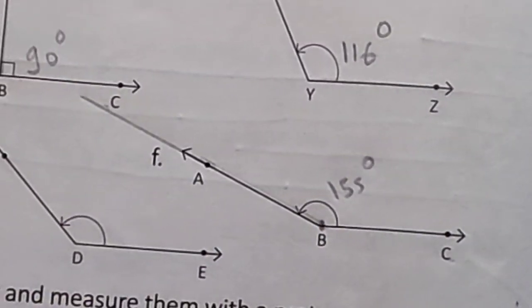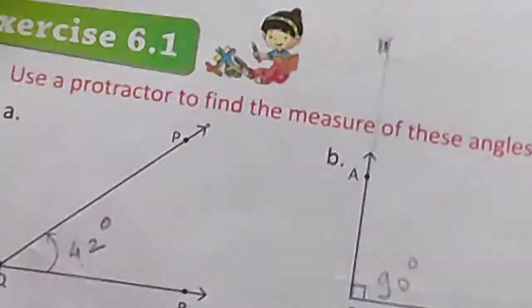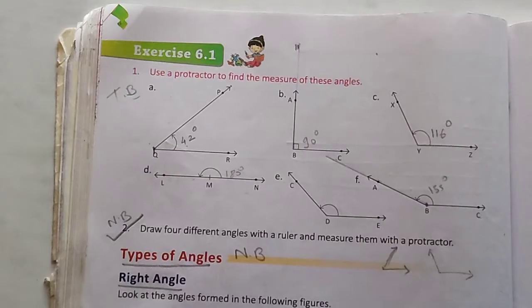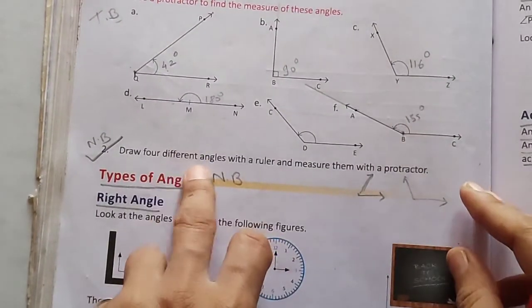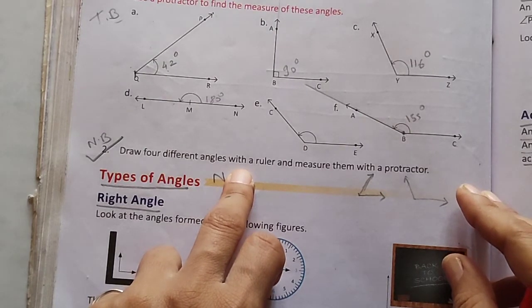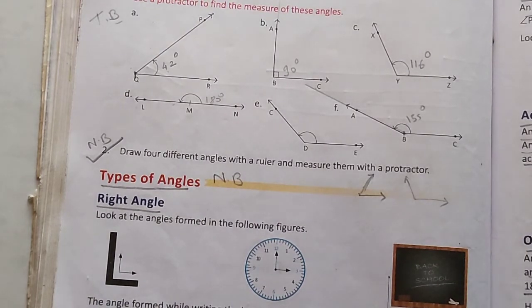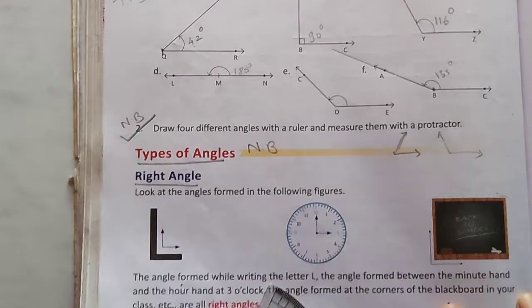So in this way you have to measure all these angles from exercise 6.1. This is your today's homework. Okay, and draw 4 different angles with the ruler and measure them with the protractor. So you have to draw any angles by using a scale.